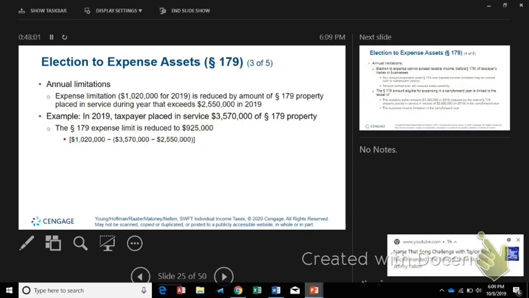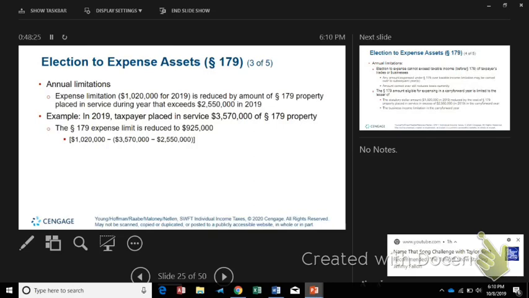So for example, a taxpayer put in $3.5 million worth of Section 179 property. So he has $1,020,000, that's his limit. That $3.5 million, he subtracts the limit, so now $1,020,000 is reduced by $925,000. So you're penalized by putting in more.